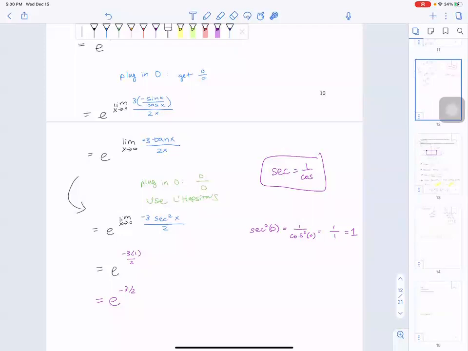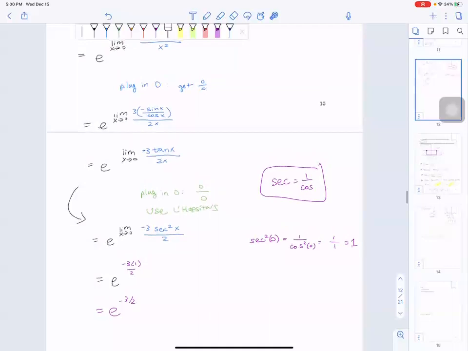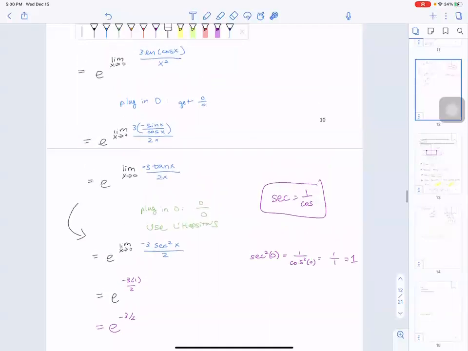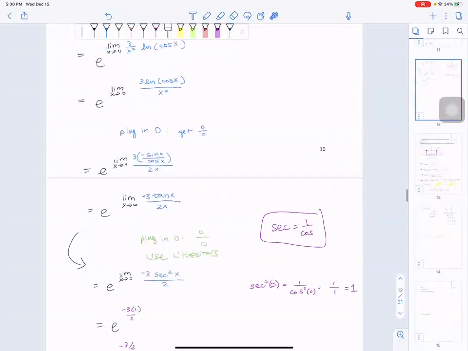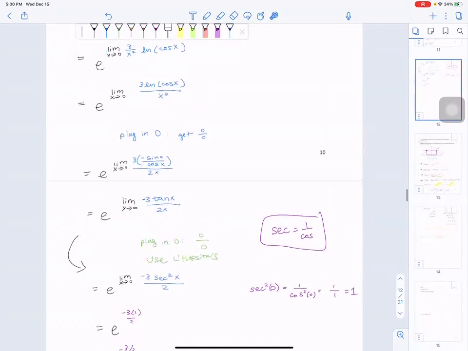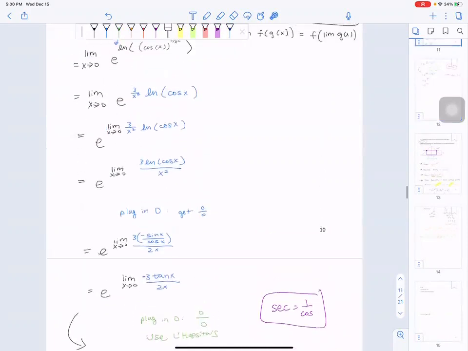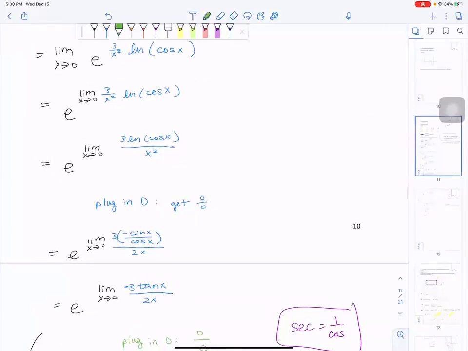When we did L'Hopital's rule and we took the derivative, I know that for cosine it becomes sine, but why did we put it under the cosine? I know you have to take the derivative of what's inside, right? Yes. Can you explain that again? Yeah. So that's by chain rule.